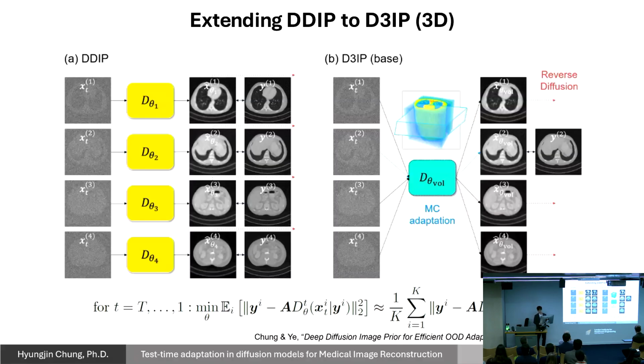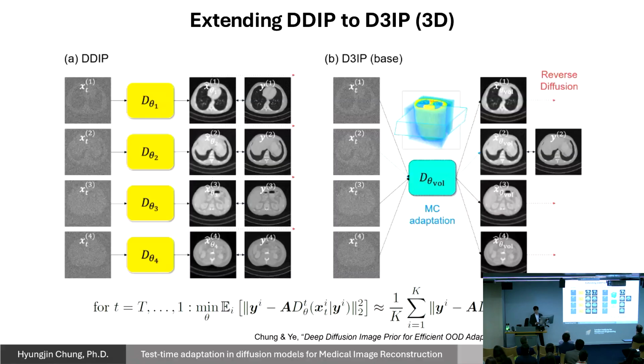But then again, we have this consistency problem. And this is going to cost a lot since the adapting process is usually slower than the usual reverse diffusion sampling.